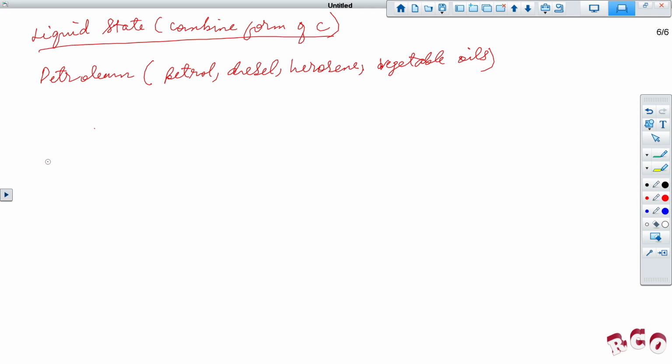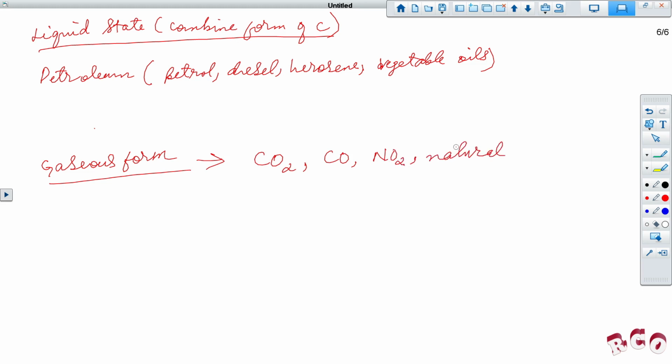Let us go to the gaseous state. And what are these? Carbon dioxide that we breathe out, carbon monoxide, and nitrogen dioxide. All this is natural gas or marsh gas.